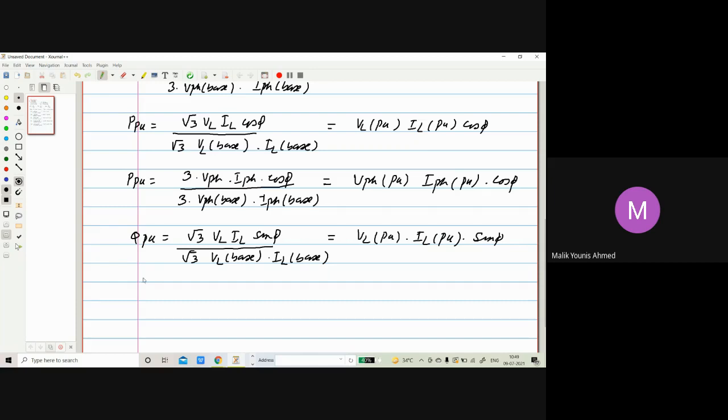Now similarly, if we have phase values, then how can we write? QPU will be 3 V phase I phase sine of phi divided by the base value, which will be the same, 3 V phase base multiplied by I phase base.